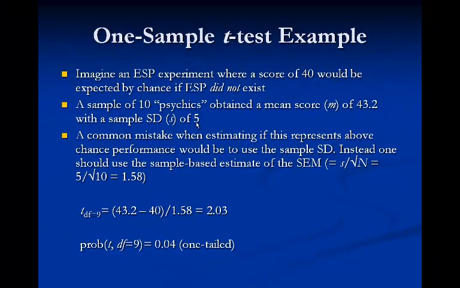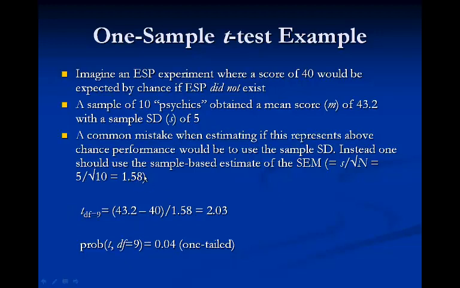We could do the calculation now, but a common mistake when estimating if this represents above chance performance would be to use the sample standard deviation in the t-test. But in fact, one should use the sample-based estimate of the standard error of the mean. So remember, you have to divide the sample standard deviation by the square root of the sample size. The square root of 10 is 3 and a bit. 5 divided by that gives 1.58.